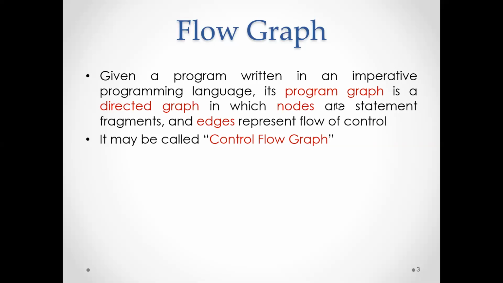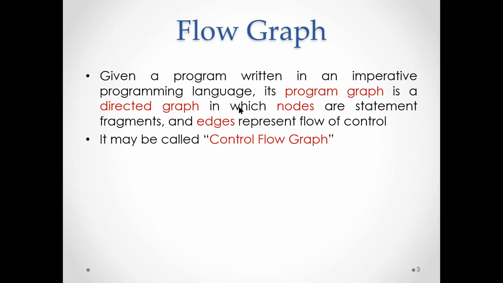So its program graph is a directed graph, in which each node is a statement fragment. That is the statements you write. If you say scanf, that will be one node. If you say printf, that will be one node. If you say an if statement or while statement, that will be treated as one node.